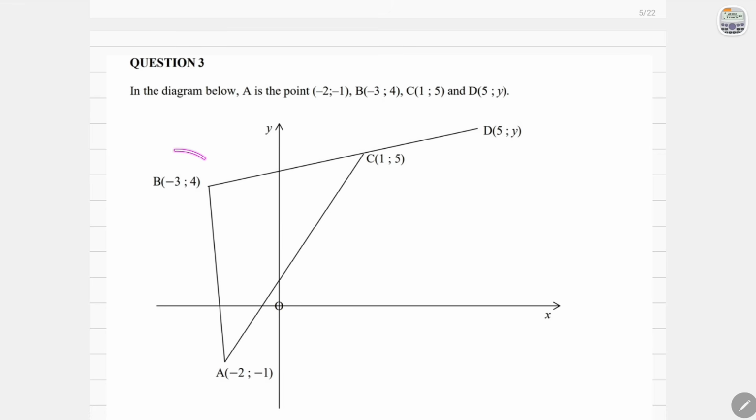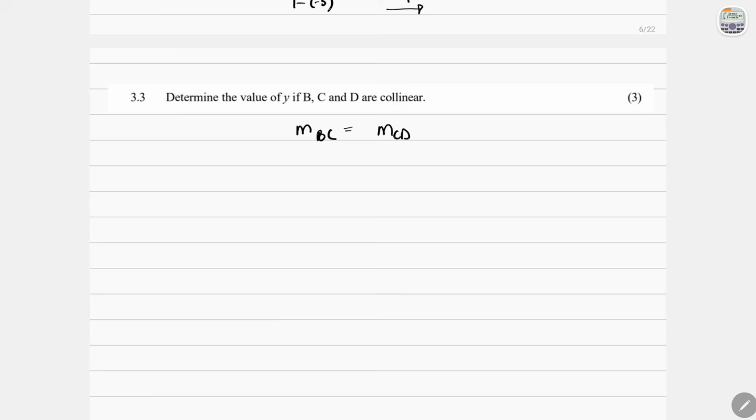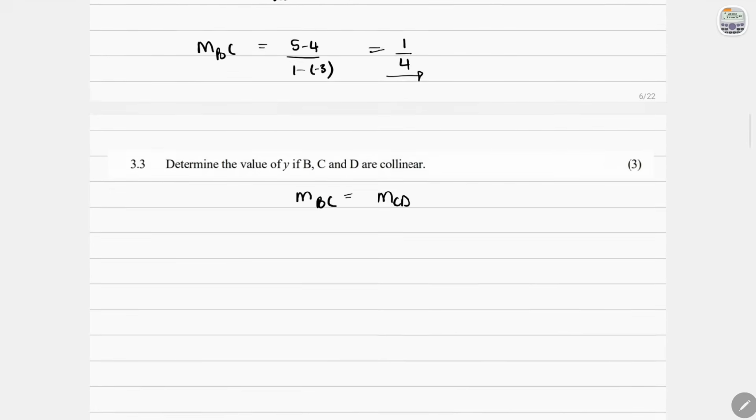We know the gradient of BC, so we can find the gradient of CD or even BD. In other words, the gradient of BC is exactly the same as the gradient of CD, because they lie on the same line. I'll just put the points down.